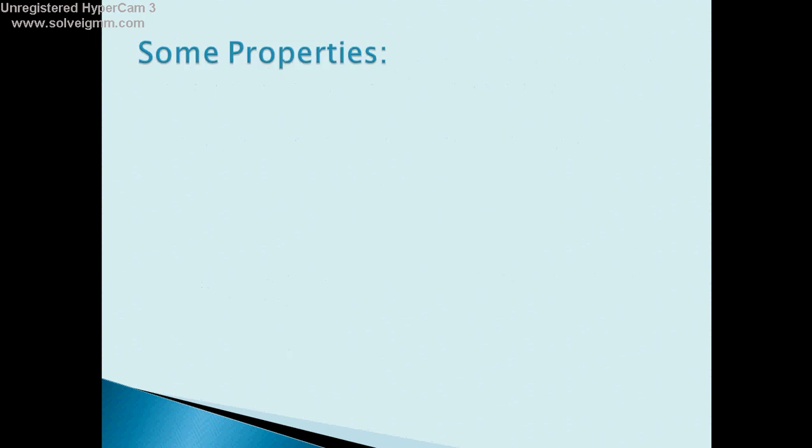Now let us study some properties of chromatic number. If a graph G has n vertices, then the chromatic number of the graph is at most n. Imagine just coloring every vertex of a graph with a different color.